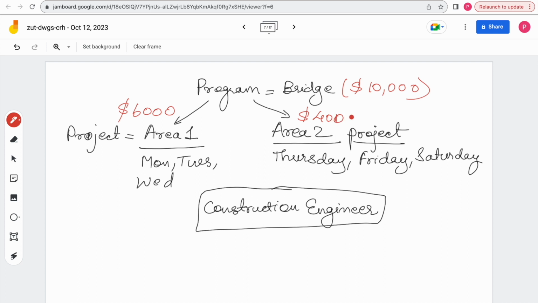So it all depends upon the program manager how he is going to combine and manage the interdependency. Interdependency means what resources he will manage, how he is going to manage the cost, the scope, and the communication between these two projects. All these decisions will be taken by a program manager. That is why we say that program manager manages the interdependencies between the two projects. So these are examples of interdependency.